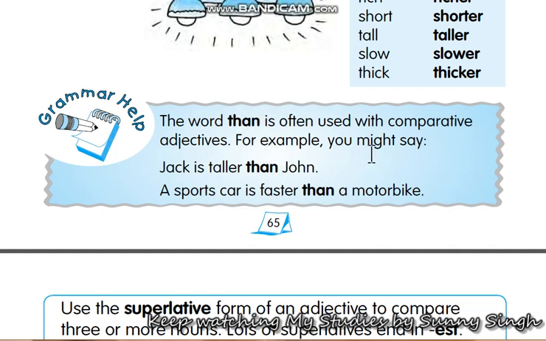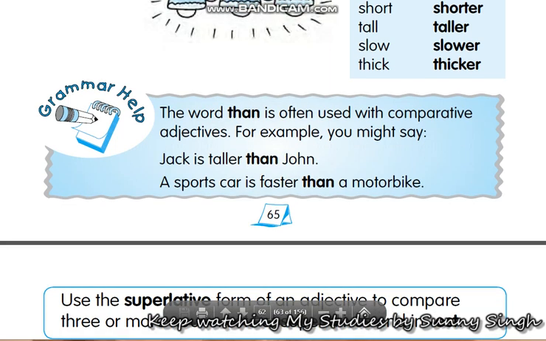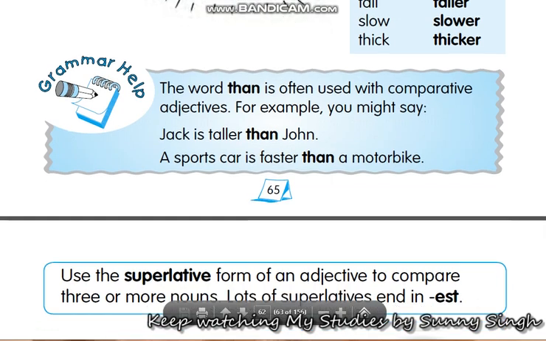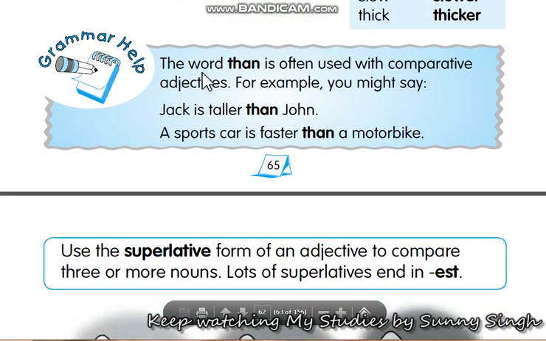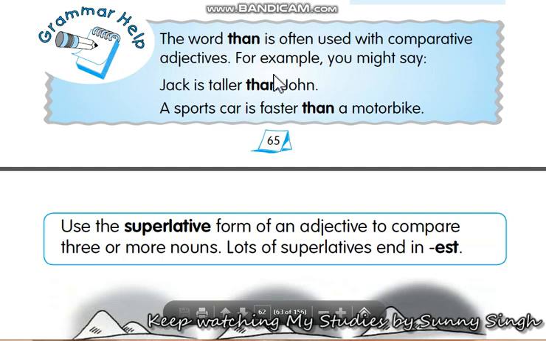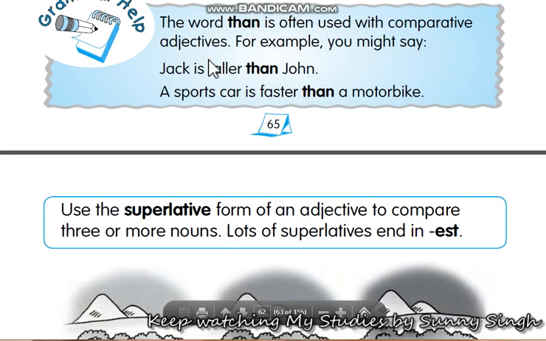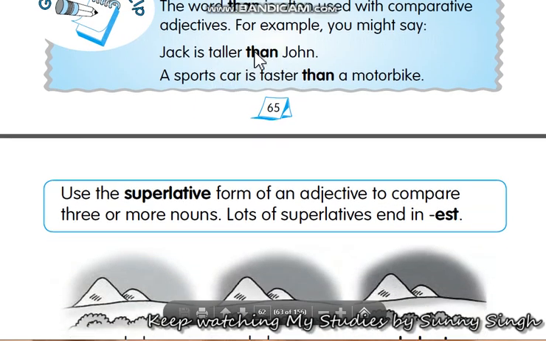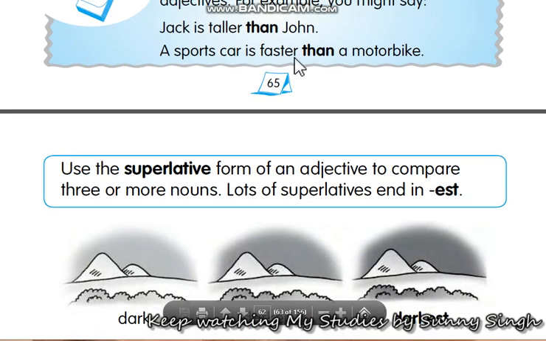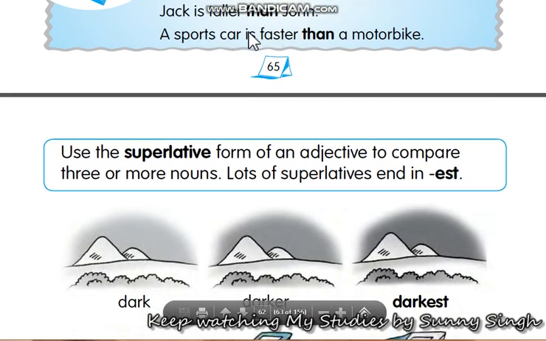For example, Zach is taller than John. Taller is comparative degree and than follows it. So if you get a chance to fill in the blanks with the comparative degree and the sentence has a blank and then the word than, remember in most of the sentences comparative will come, because than is the word that goes with comparative.